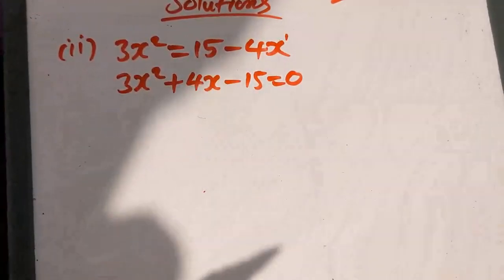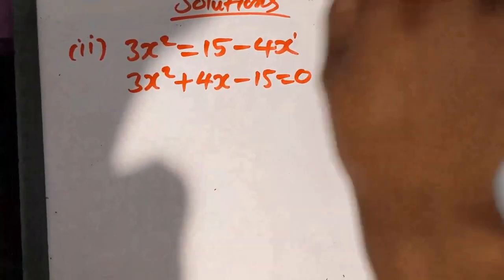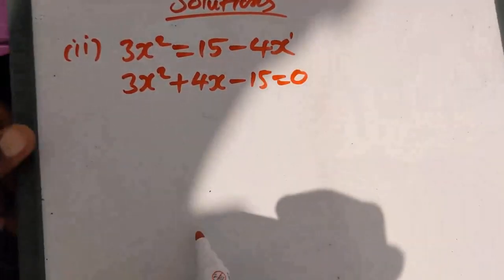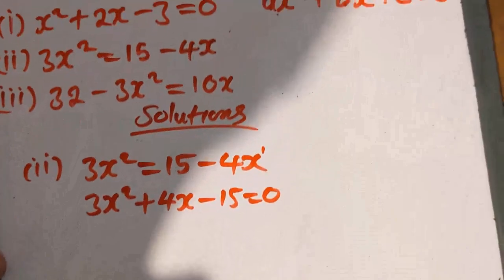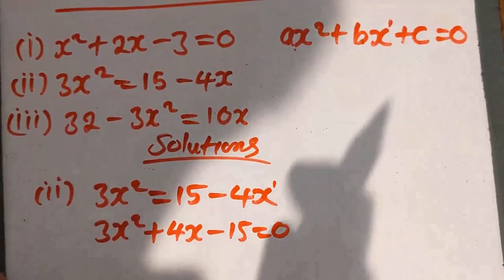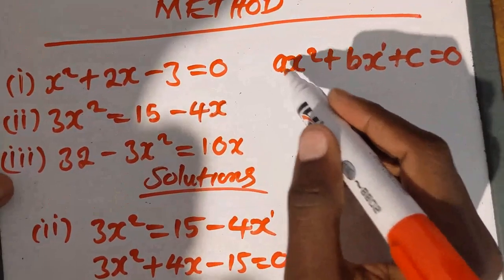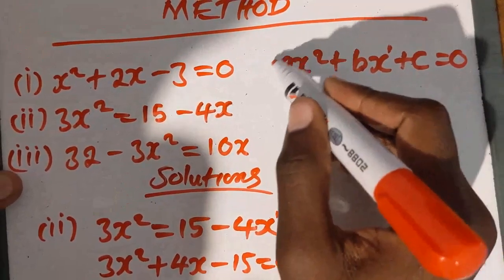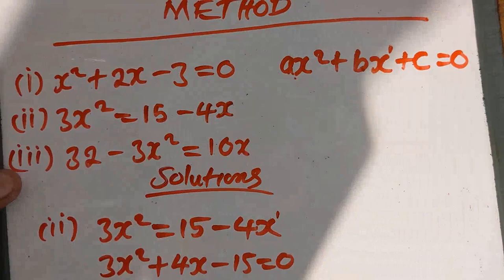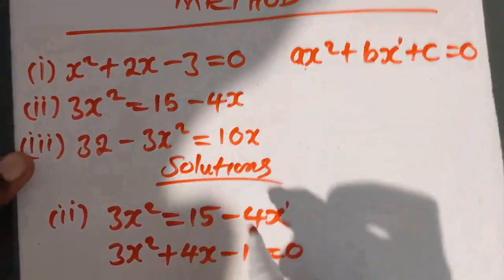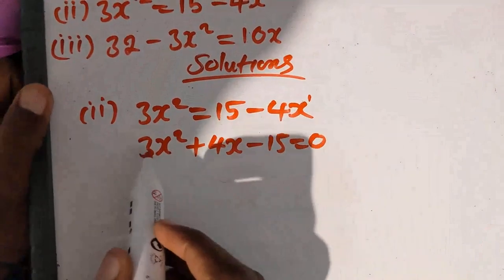But now, the rules of the completing the square method, take note of this here. It says that the coefficient of A, the coefficient of A in the equation, is this.